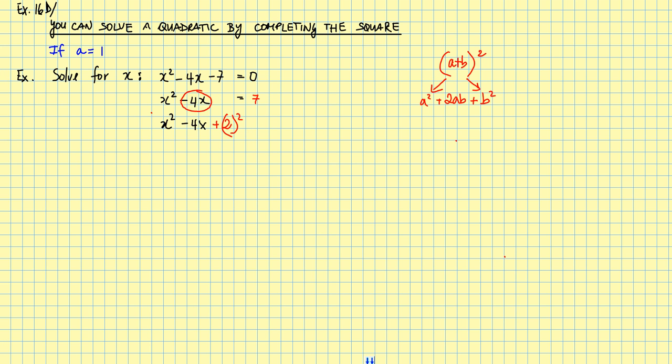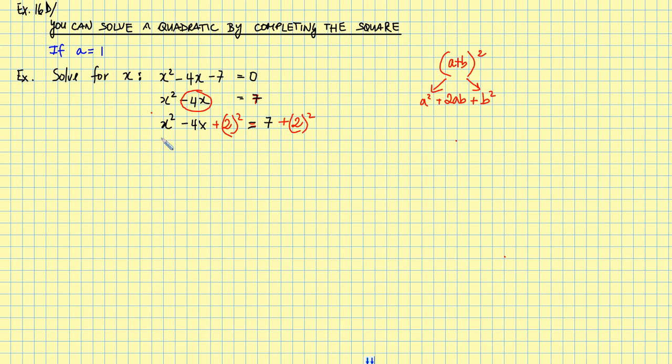On the other side, equals 7, and because I added 2 squared on the left-hand side, I also place 2 squared on the right-hand side, simply because I want to keep the equation balanced.